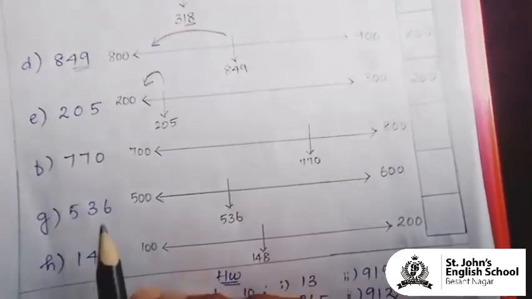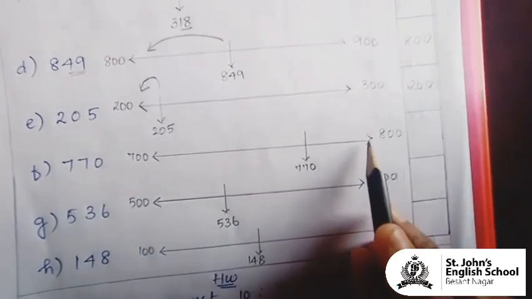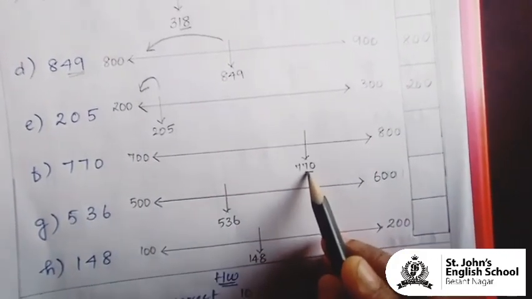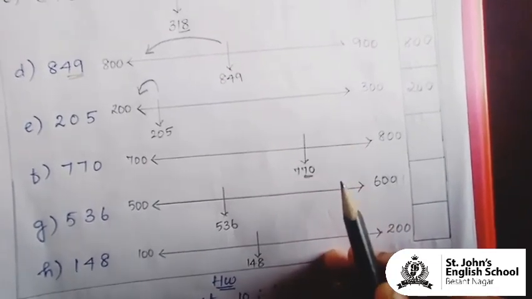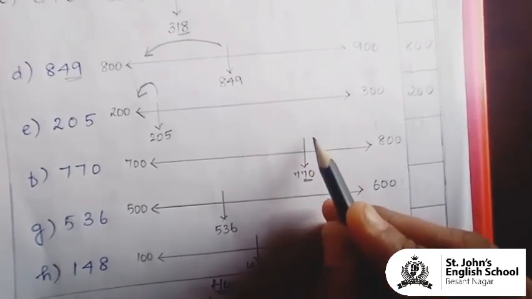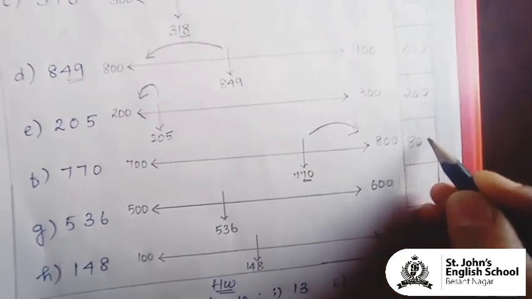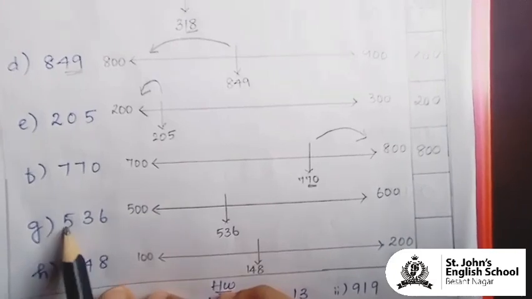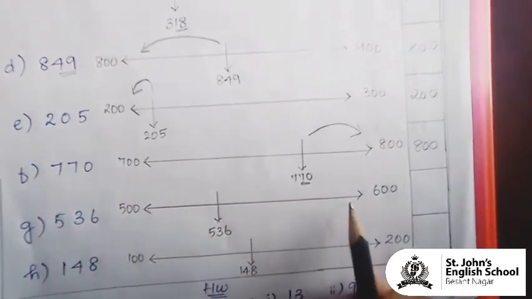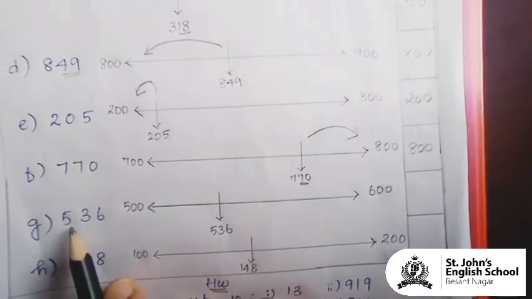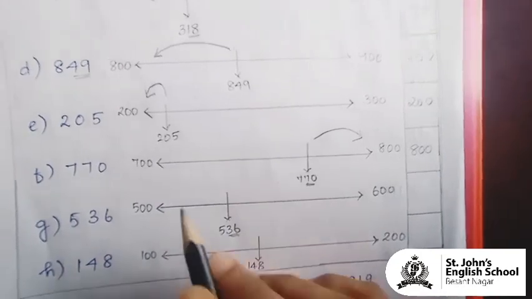The next sum, 770. It's between 700 and 800. The 70 is after 50. So something after 50 should go to the after number. That is 800. 536. It's between 500 and 600. 36 is before 50.